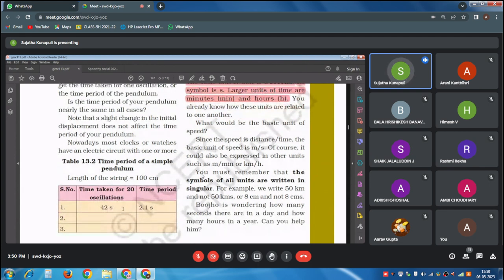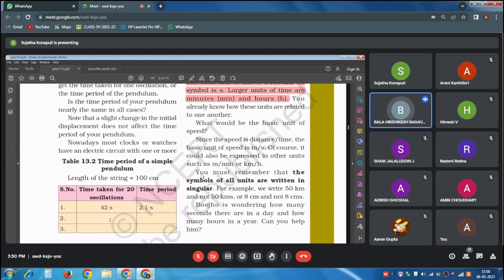So what will be the time period when we are calculating the time taken for 20 oscillations a number of times? Whatever we calculate, will it be the same or different? Ma'am, it will be different.